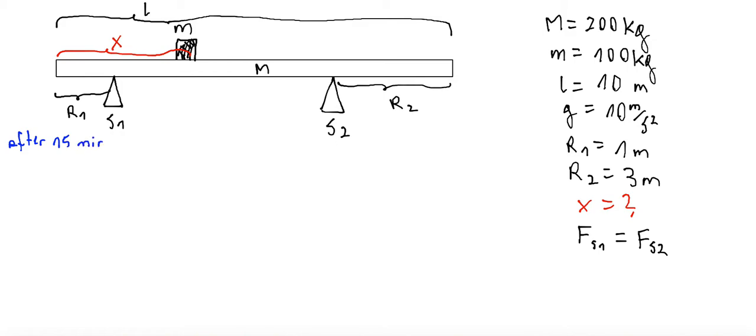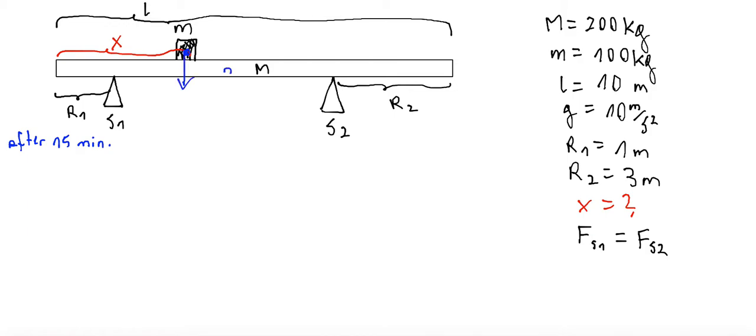Okay, after 15 minutes. What do we have here? Again, you have to build two equations. One equation is related to the balance of translational equilibrium, so all forces acting down.